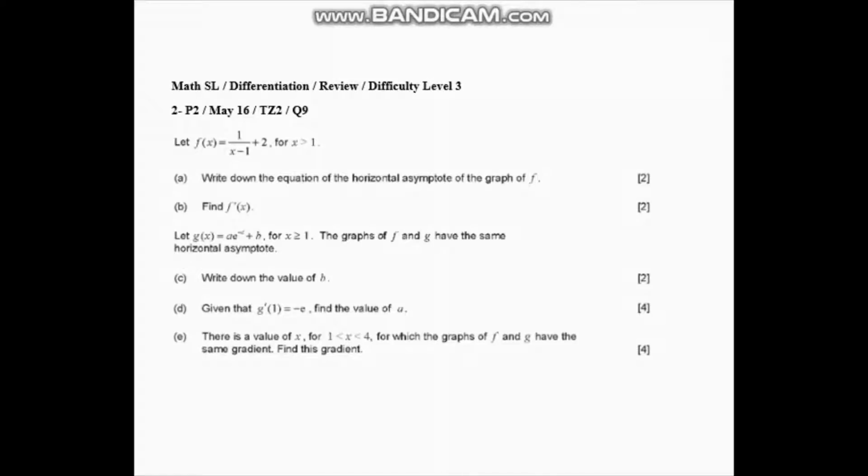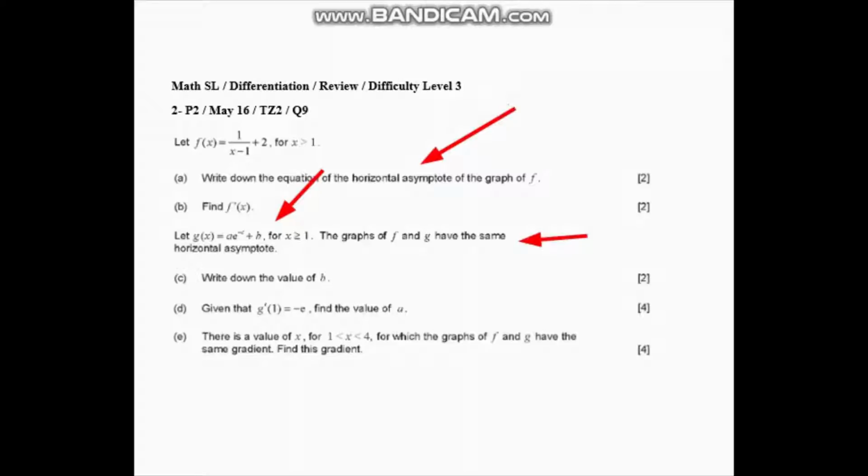So you are told that g of x equals a e to the power of negative x plus b for x greater than or equal to 1, and that the graphs of f and g have the same horizontal asymptote. Hence, the horizontal asymptote of g is the same as the horizontal asymptote of f, which we have found to be y equals 2.